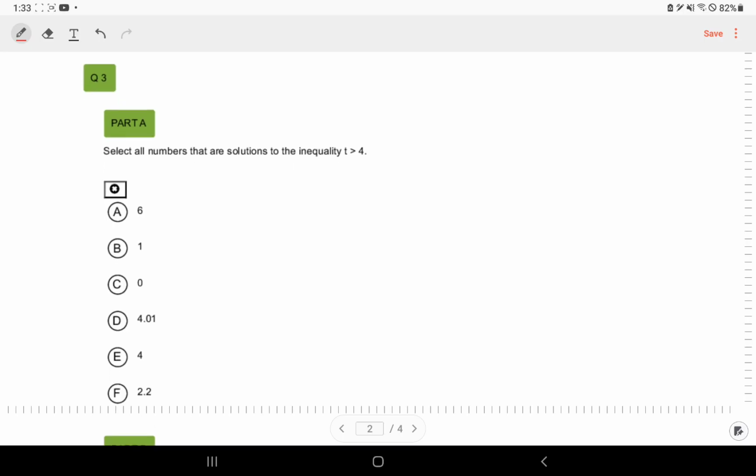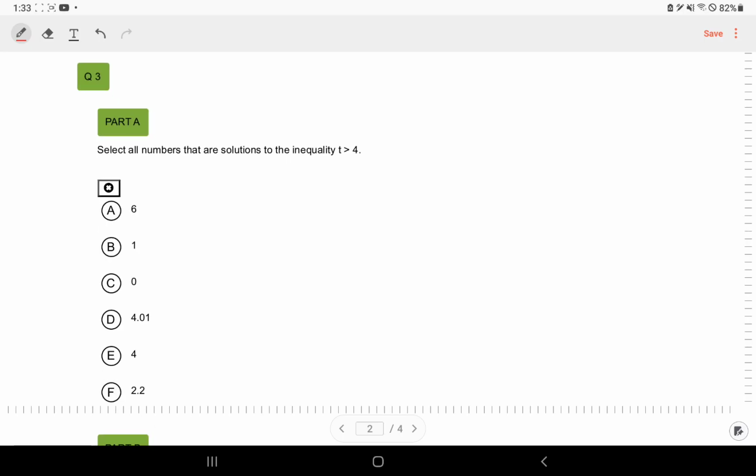Okay. For question 3, we want to select all the numbers that are solutions to t is greater than 4.